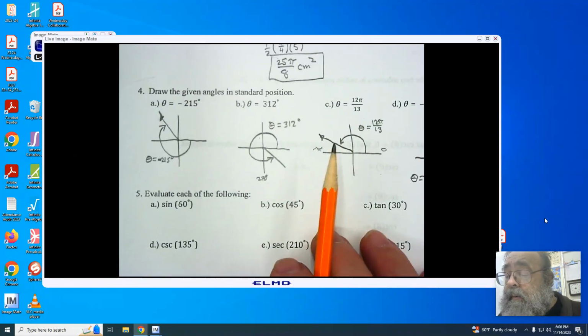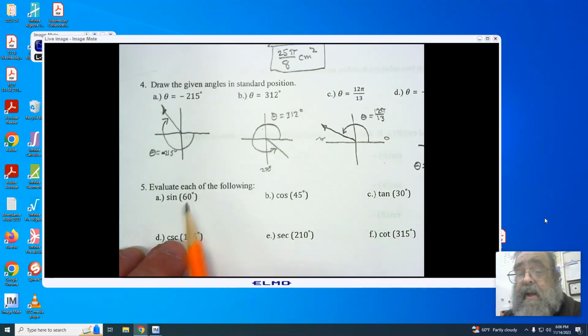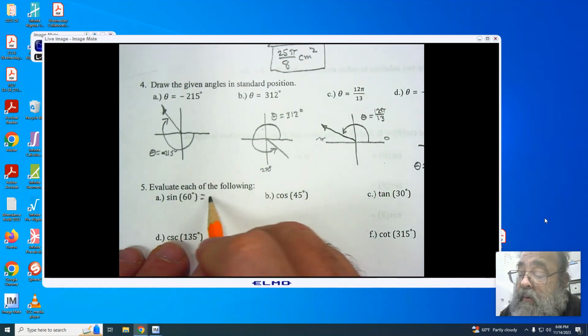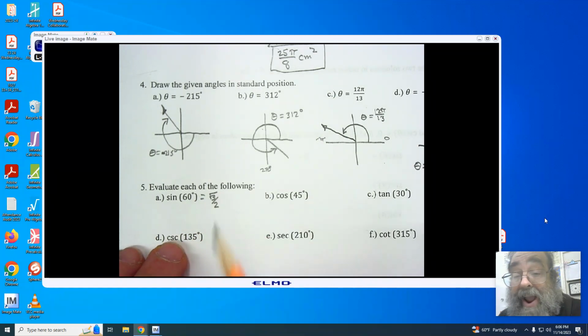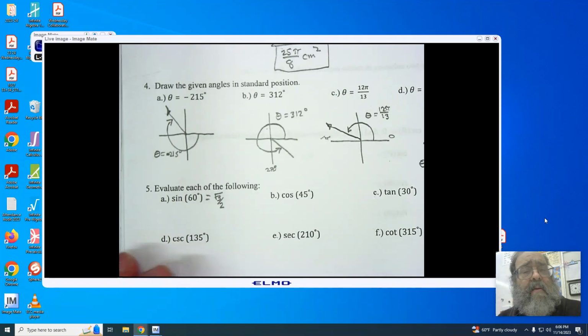So here we go. If I have a 60 degree, that is my first quadrant, and the 60 degree angle in the first quadrant for sine is root 3 over 2. Now I have that memorized. All right? You need to memorize that fact too. If it helps, possibly figure out what sine of 30 degrees and cosine of 30 degrees is.